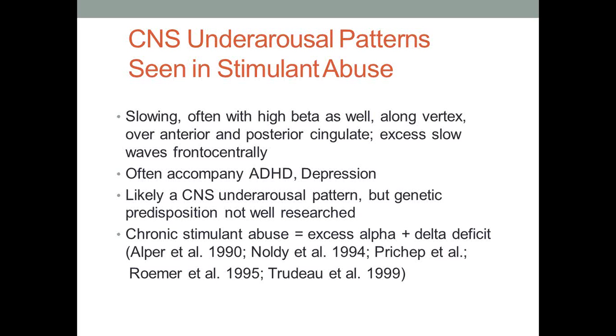It often is accompanied by ADHD and depression. It's likely an under-arousal pattern, but there's not necessarily a genetic predisposition. Chronic stimulant abuse will end up with alpha and delta deficits, and the studies on that have shown that.